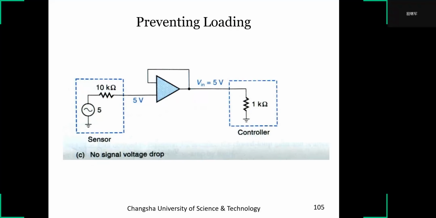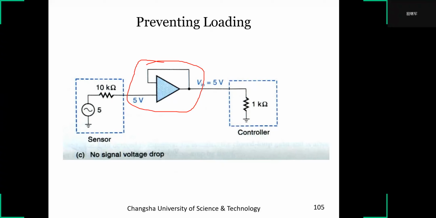Preventing loading. If we want to prevent loading, we use this circuit. This circuit just keeps the voltage.